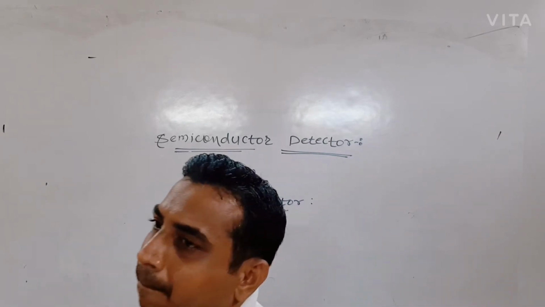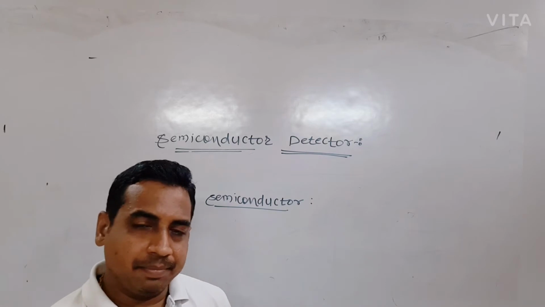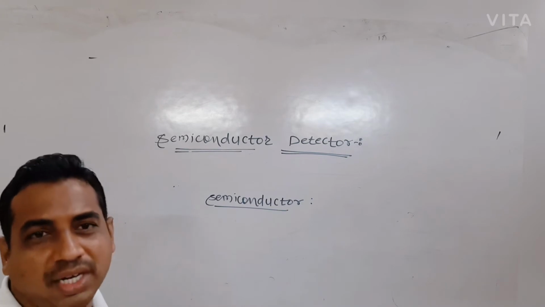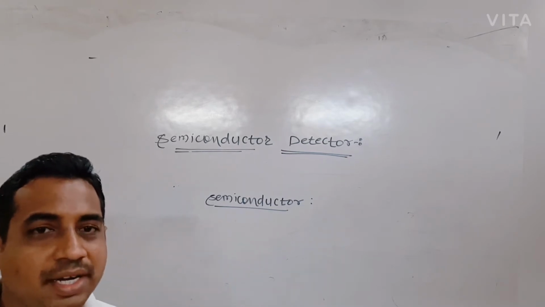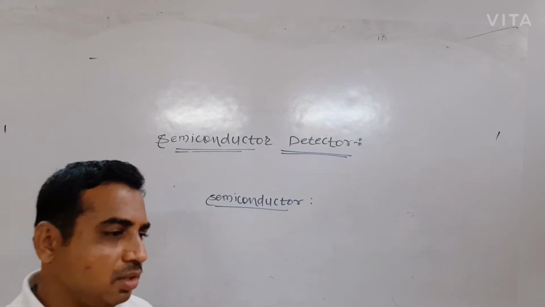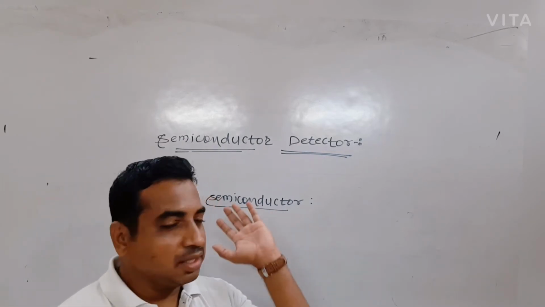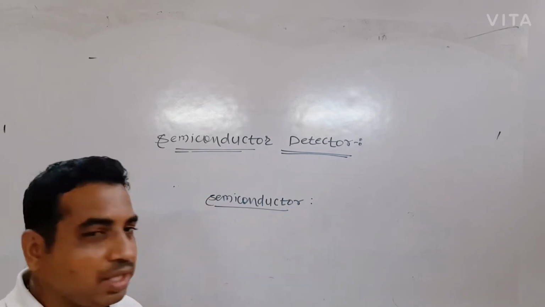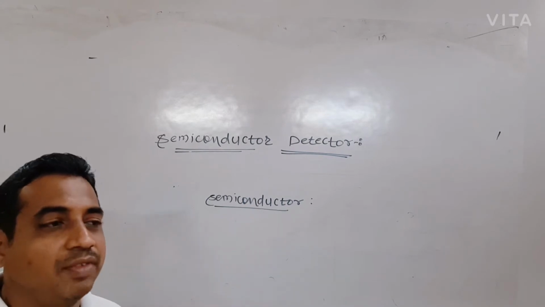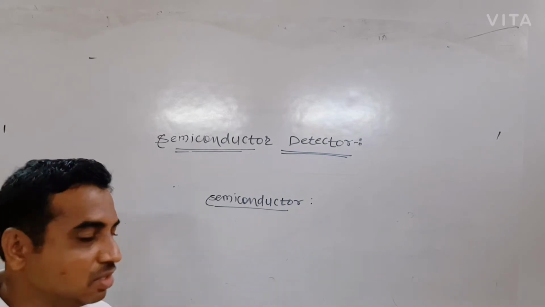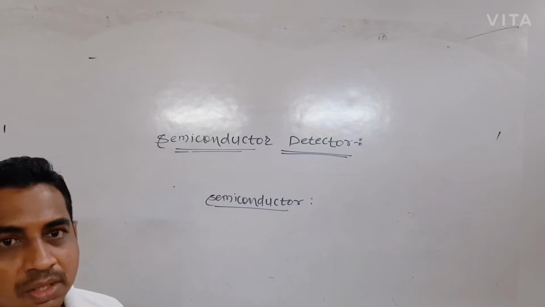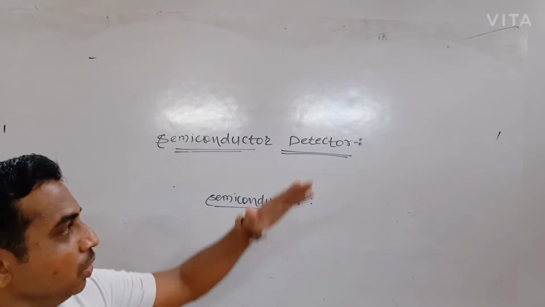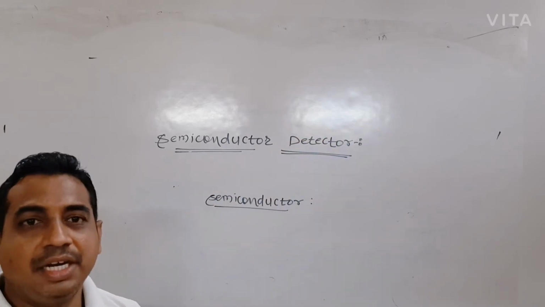On the basis of the forbidden gap, they decide whether a material is an insulator, a conductor, or a semiconductor. We will not go deeply into insulators and conductors, but we just overlook semiconductors and some of the properties of semiconductor materials, because all these properties are very important to discuss related to the detectors.